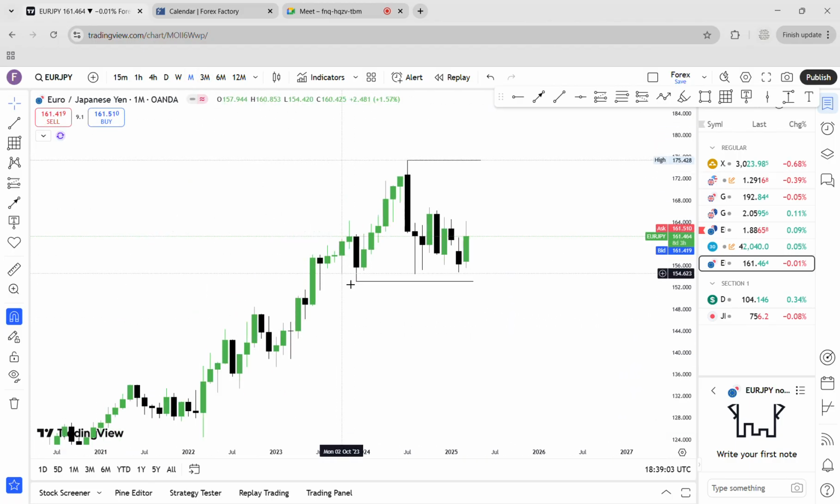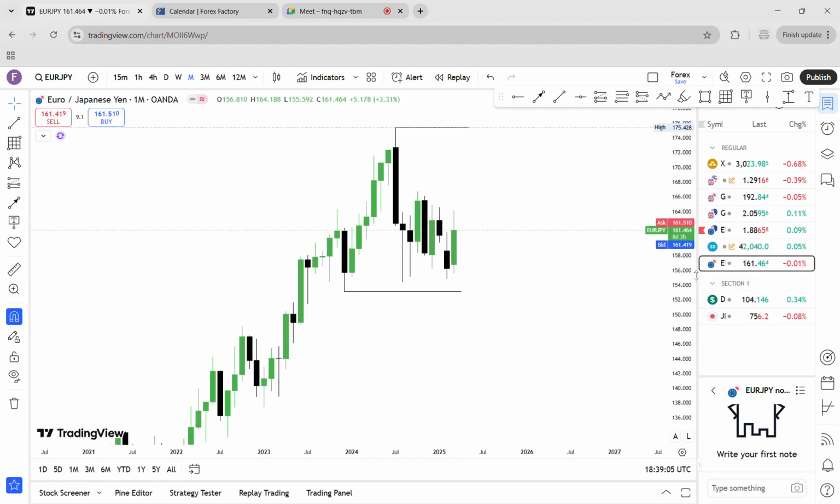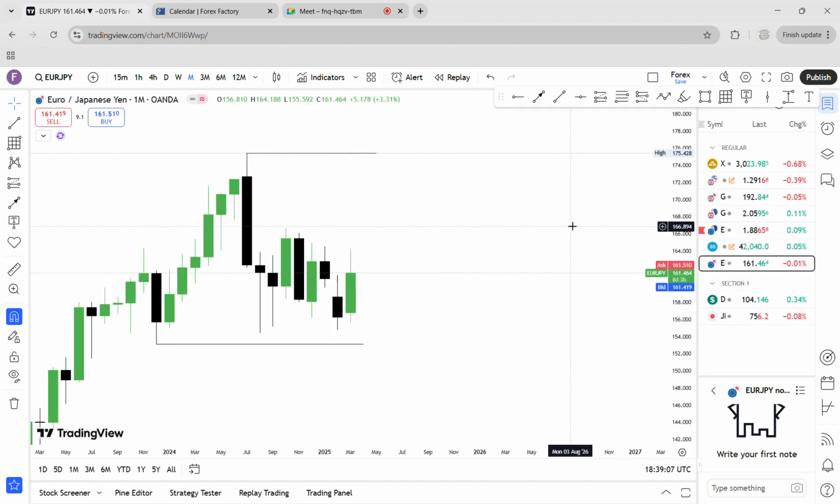So you can still see it right here. When price moved higher, creating higher high, higher low, higher high, higher low, there was no inefficiency that, okay, maybe this market is going to pull back and continue.